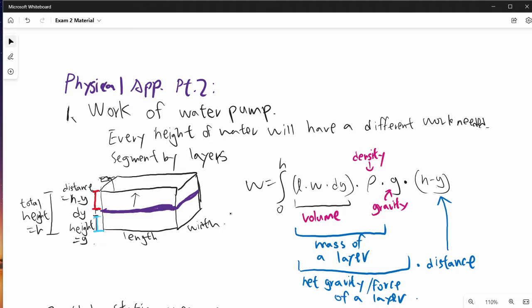It's pumping the top water out first, so it's doing less work. It's doing more work as it works its way down, because the water needs to go more distance up, and that work will be differentiated based on the height of where that water is. It doesn't matter if the water is over this side or this side.